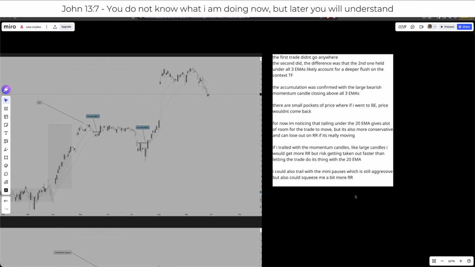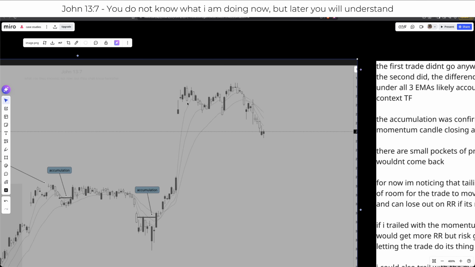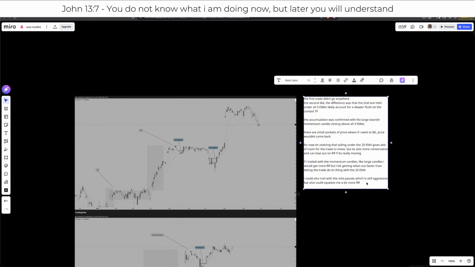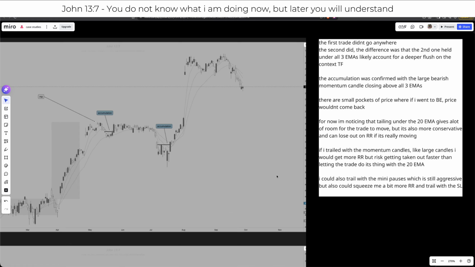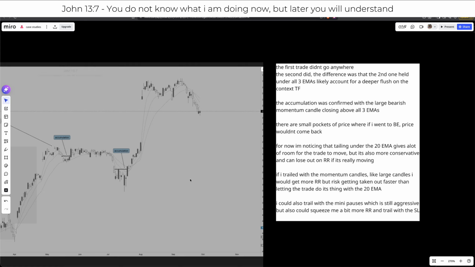Mini pauses. I could also trail with the mini pauses, so as this pauses, break even, pauses, stop loss, pauses, stop loss here, and then a full TP, and trail with the stop loss.